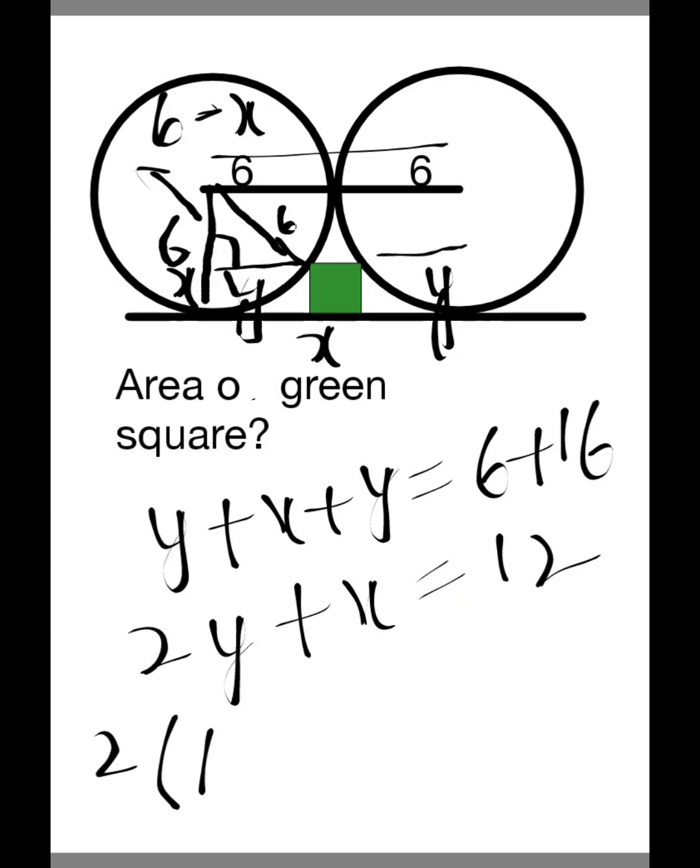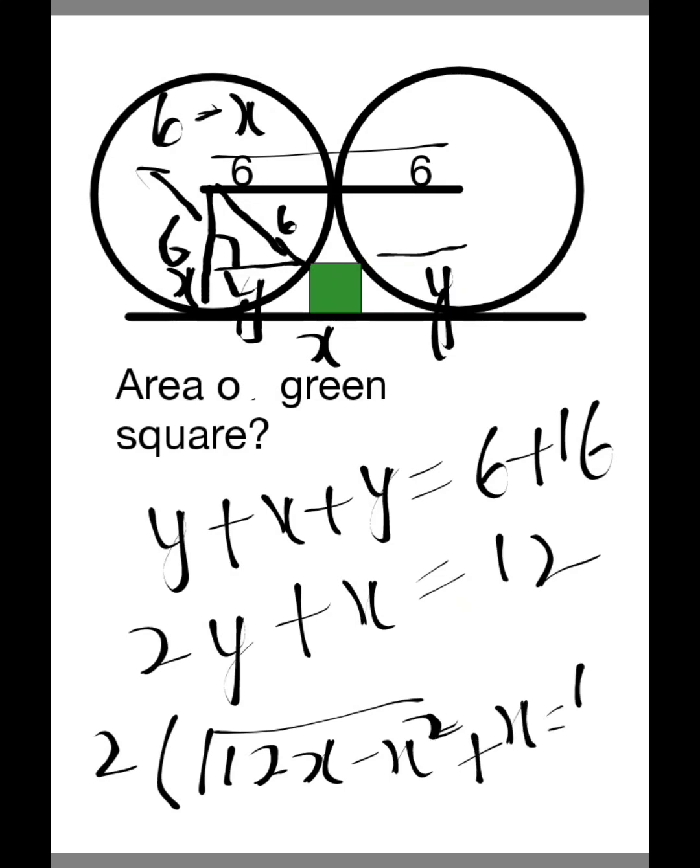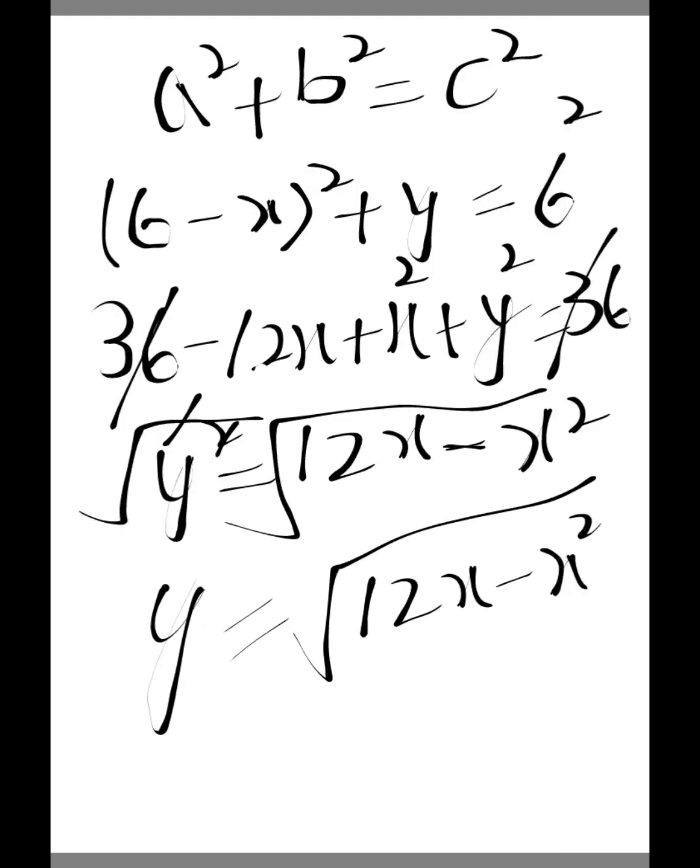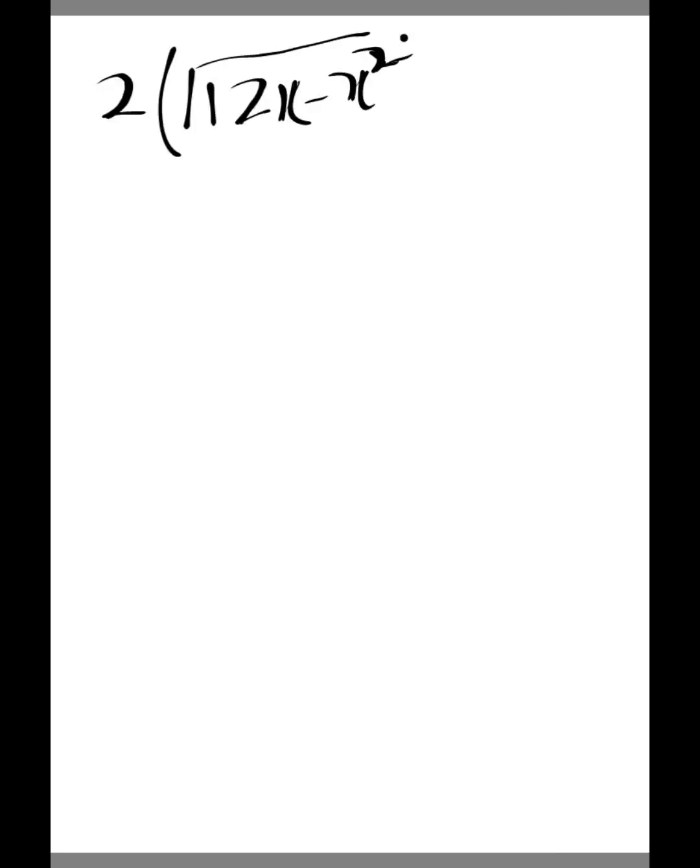Substituting here y's value, which is square root of 12x minus x square, the equation becomes 2 square root of 12x minus x square plus x is equal to 12.